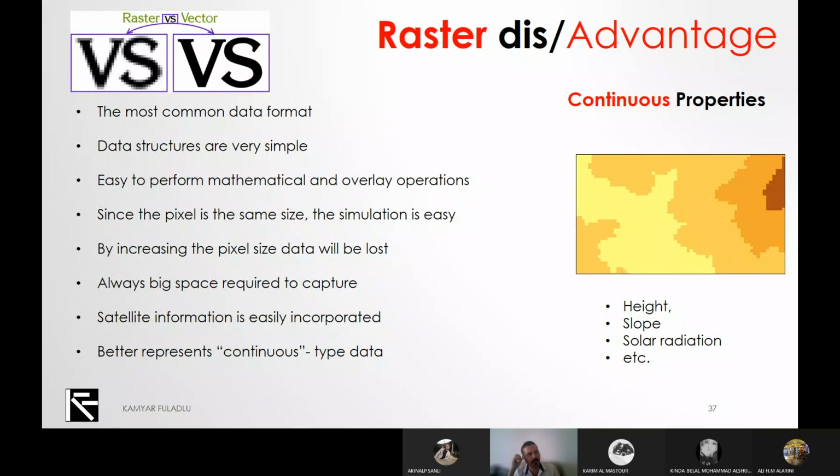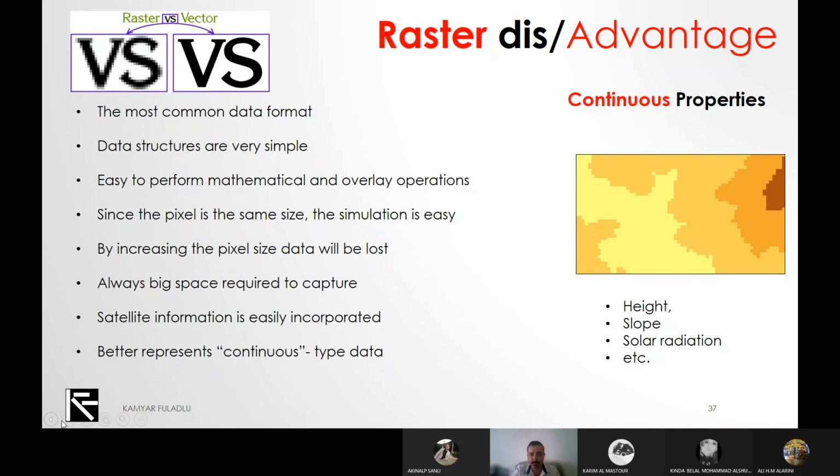But if we capture a picture with a big size, you will see the distinction. Increasing the pixel size also means data loss. Okay, what does that mean? If your pixel size increases, you do not understand the picture anymore.